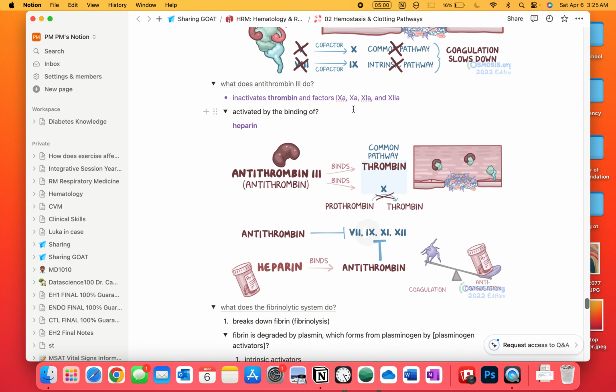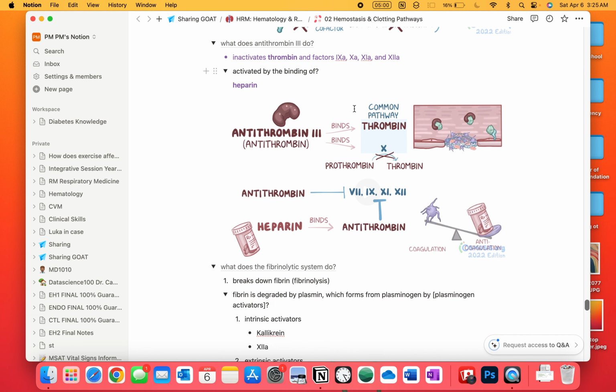Now, what does antithrombin 3 do? It inactivates thrombin and factors 9, 10A, 11, 11A. So probably more to do with the common pathway, I guess both the intrinsic and extrinsic by extension. Factor 9, that's going to impact your intrinsic pathway, and factor 12, that is also the intrinsic pathway, activated by binding of heparin.